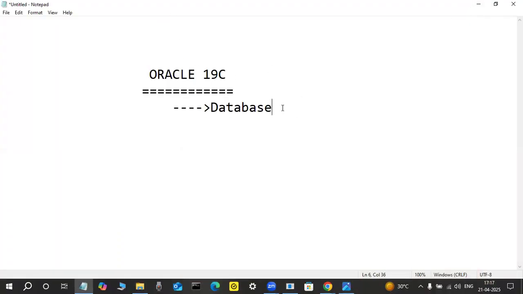Now, what is the purpose of a database product? Once I am installing this database product into our system, by using this product we store data permanently, either company data, outside data, anything, in secondary storage devices.